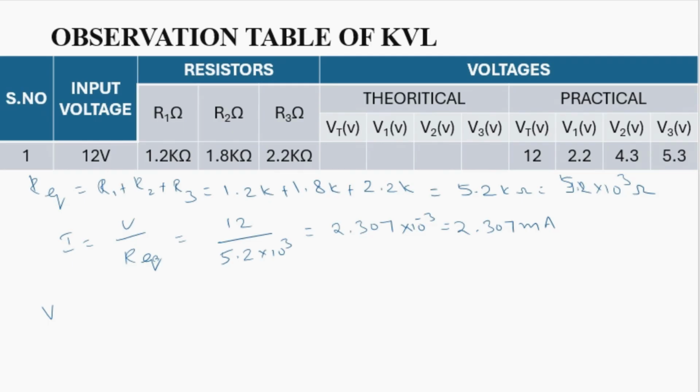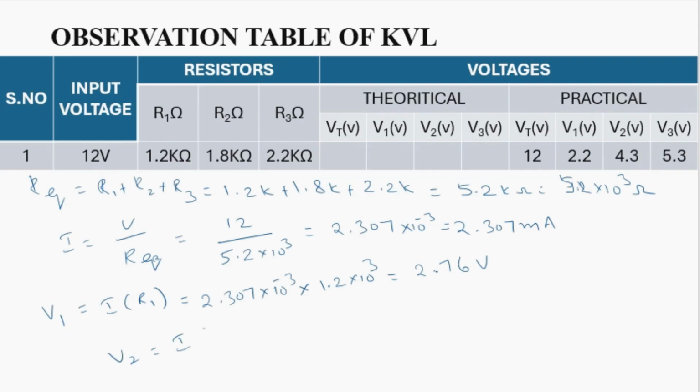Voltage across R1, V1 equals I into R1, which is 2.307 into 10 power minus 3 into 1.2 into 10 cube, which equals 2.76 volts.